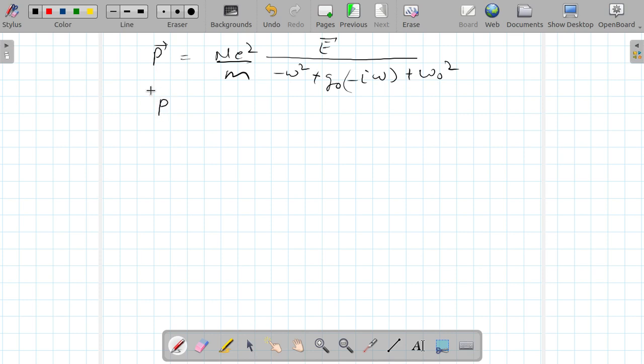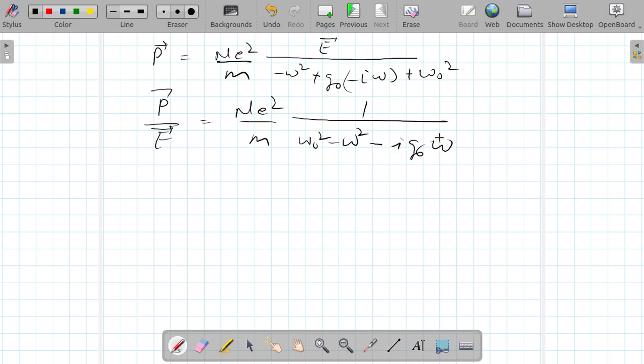And this P over E, if I bring this E to this side, is Ne²/m times 1 over (ω₀² minus ω² minus iota g₀ ω). Let me call it equation number 9.